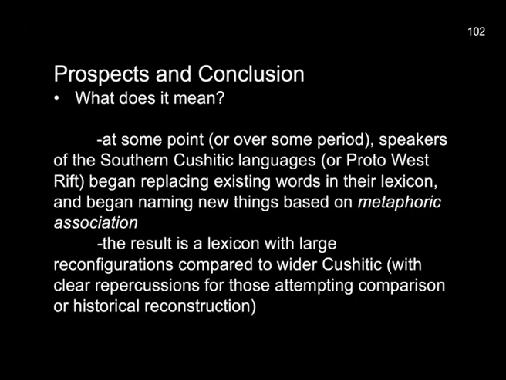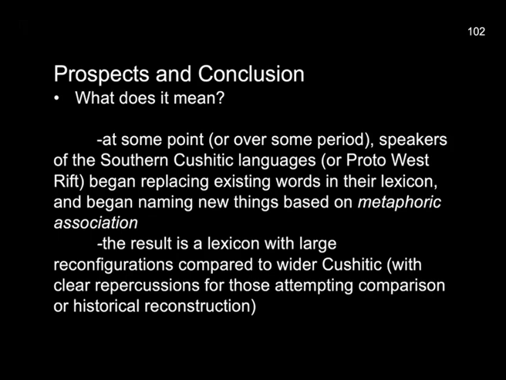Well, it means that at some point or across some period of time, in the predecessor languages of the Southern Cushitic languages, like Proto-West Rift, they began replacing existing words in their lexicon. I'm thinking especially of words for concepts such as tongue, tooth, and white, by metaphoric associations with the characteristics of other words. So they essentially decided to use metaphor as a tool for deriving new words.